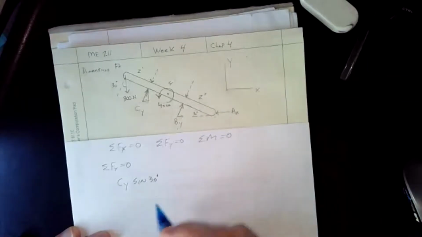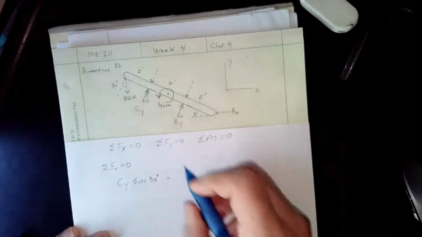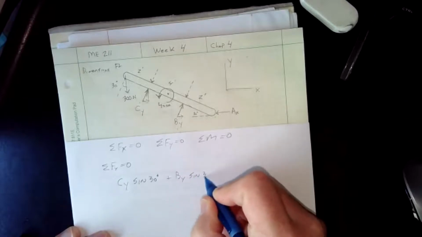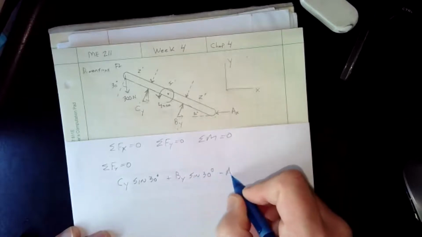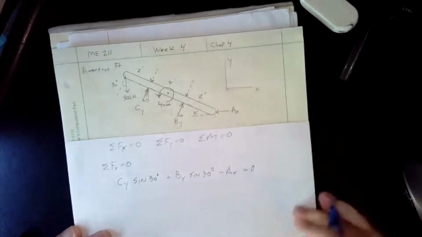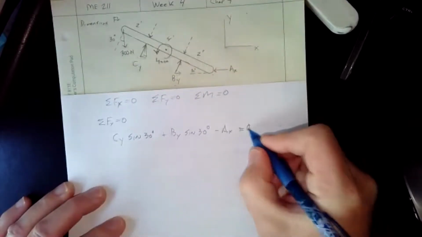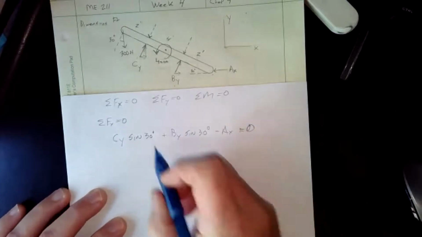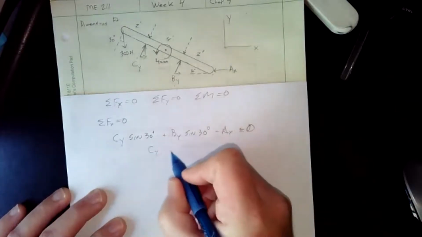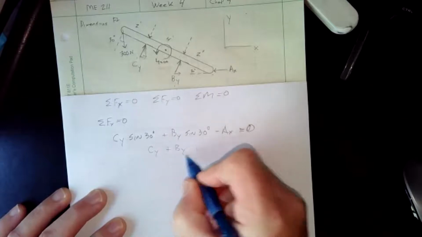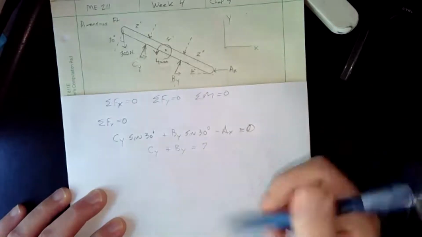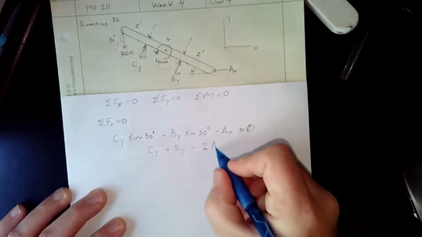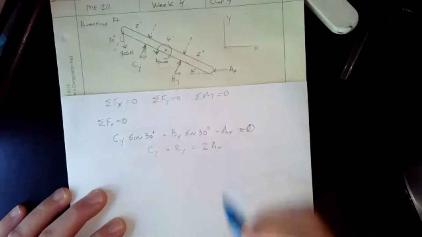And so CY sine 30 plus BY sine 30 minus AX equals 0. And so if we simplify this, this really comes down to CY plus BY equals 2AX. All right.